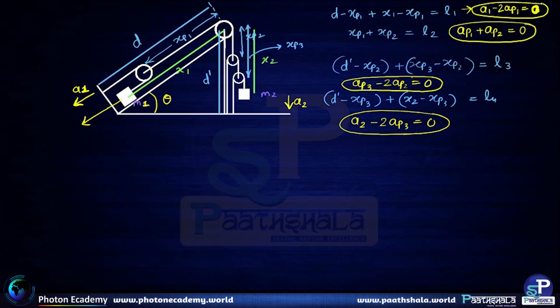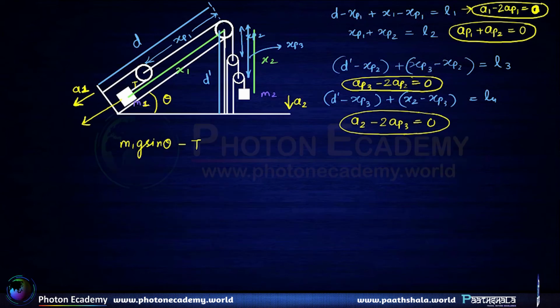So we can write down m1g sine theta minus t. So t happens to be the tension in this string. So in this string it happens to be 2t, and then this is connected over here. It passes over the pulley. So here in this we'll get t, and then in this we'll get t by 2.